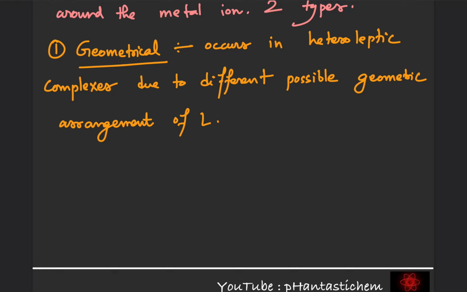Before we understand this definition, this word is very important: heteroleptic complexes. By heteroleptic complexes, I mean those complexes where the central atom or ion is bonded to more than one kind of ligand.